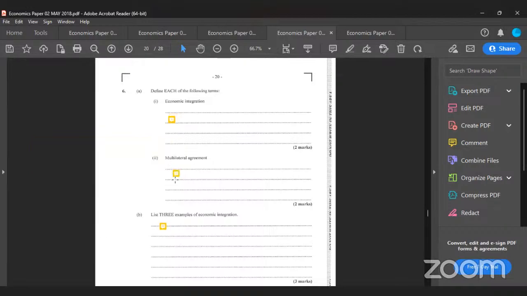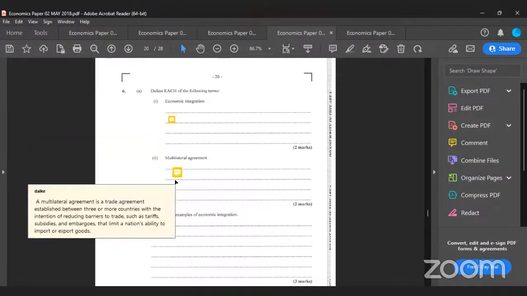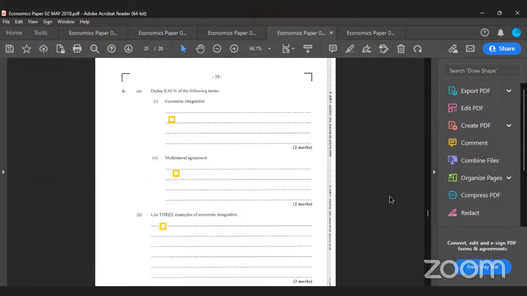A multilateral agreement is a trade agreement established between 3 or more countries with the intention of reducing barriers to trade, which is a form of trade liberalization, and reducing things like tariffs and so on along that line, right? So we want to liberalize trade.